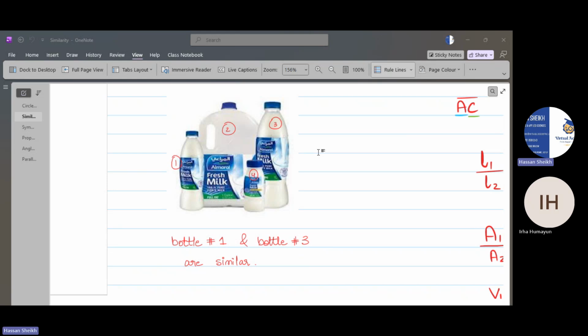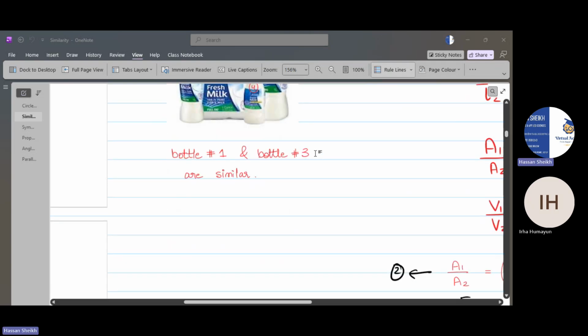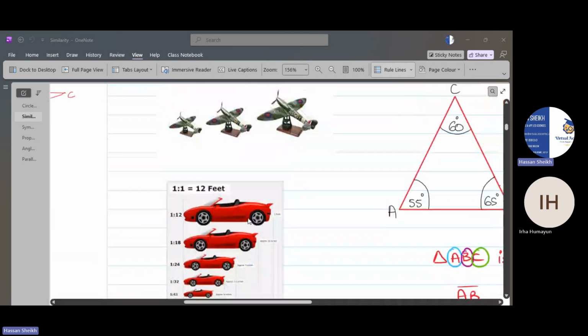Because they have the same shape, but with different dimensions. Bottle number two is not similar to any of the other bottles because it doesn't have any similar shape. Agree?